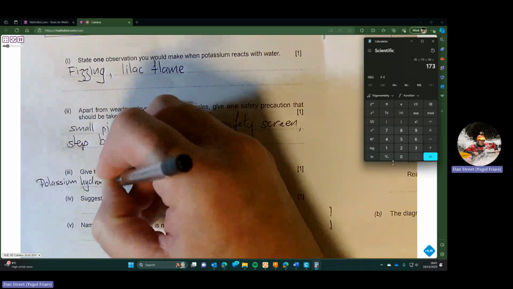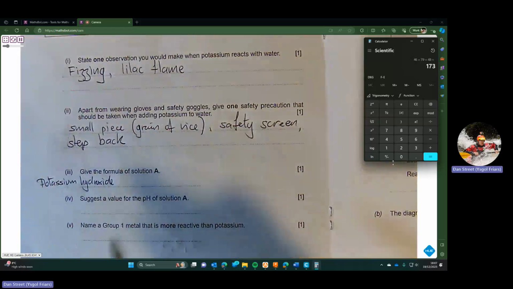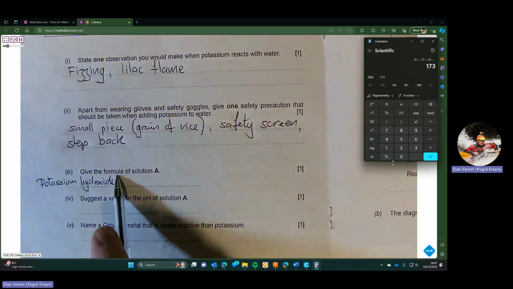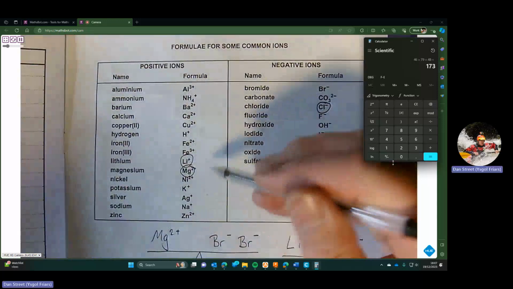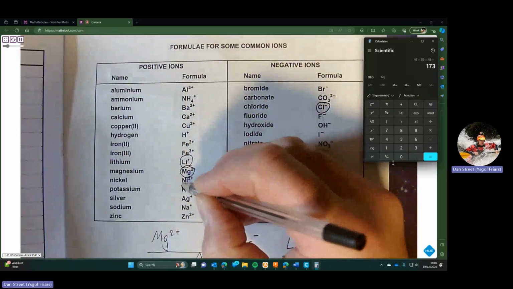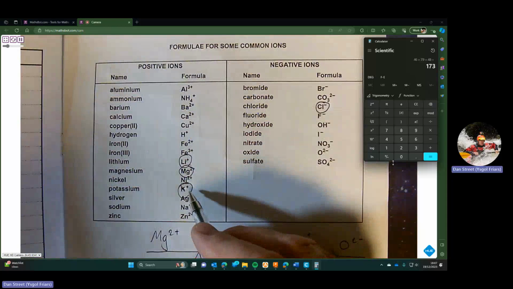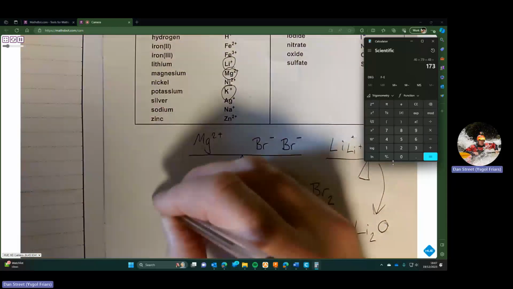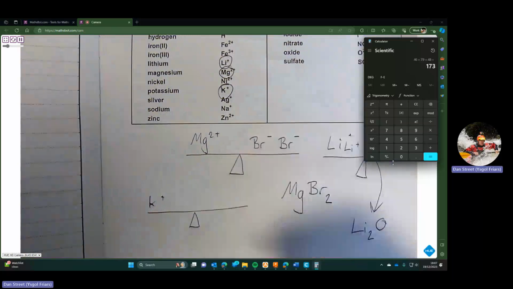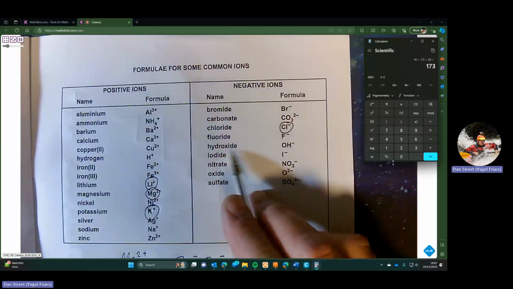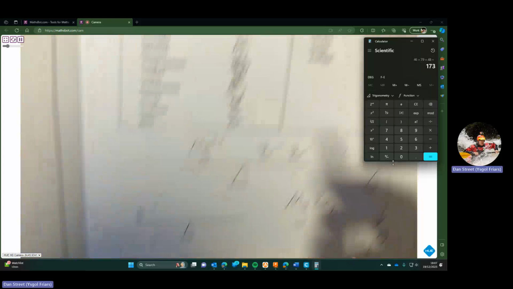If you weren't sure of the formula of potassium hydroxide, you can work it out using the table of ions in the back. I've just written that there so we know what we're looking for: a formula. If we look at our table of ions, we'll discover the potassium is K+. So we put that on a little seesaw. And the hydroxide ion is OH-.